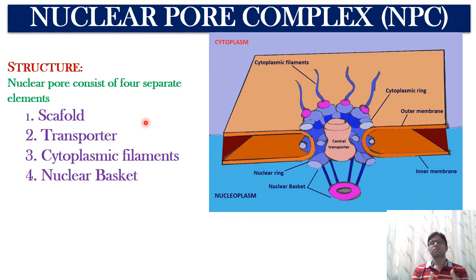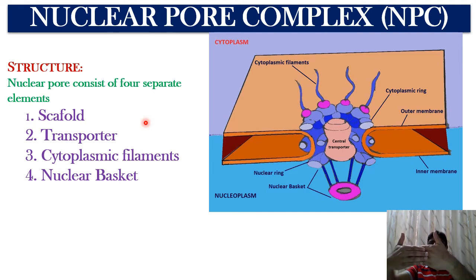Each iris consists of 8 arms, and these two irises are arranged one above the other like this and move sequentially like the diaphragm of a camera to let the nuclear proteins and RNAs pass through from the nucleus to the cytoplasm. Okay.